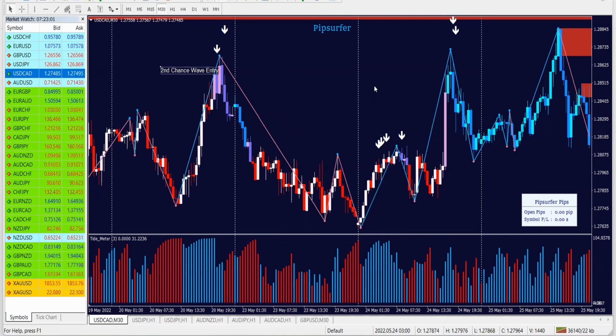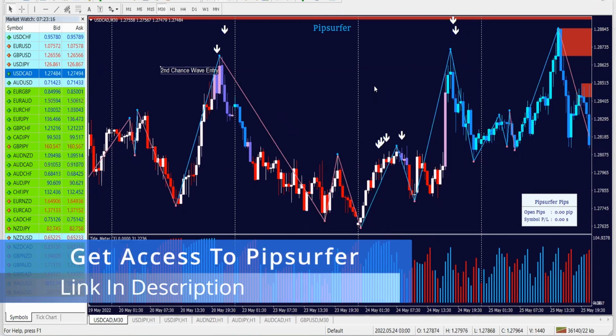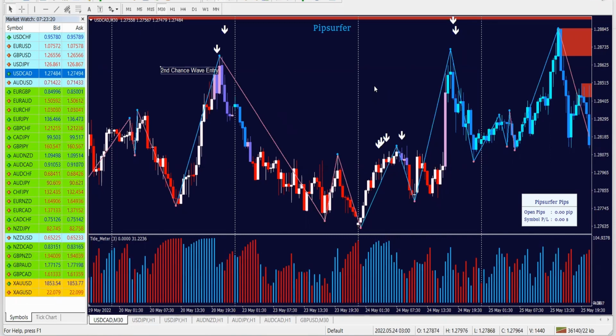Even though 15-minute and 5-minute provide great entries, we believe the best entries from our testing have been the 30-minute and the 1 hour. So the trade manager will have an entire set of stop losses and take profits based off of great risk to reward. And we're looking for a 1.5 to 1, 2 to 1, 3 to 1 reward to risk. And that'll be automatically programmed into the risk manager.